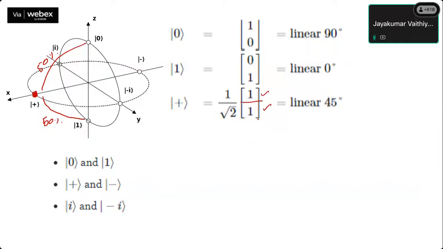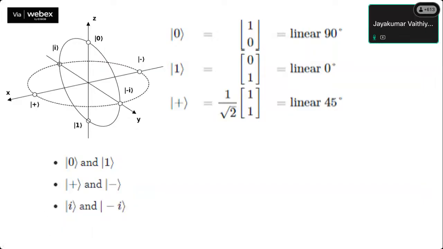Imagine the components over here are 1, 1, but for positive it is 1 over root 2. I'll explain in a future class. So the positive state belongs to both state 0 and state 1, exactly on the equator, related to the northern hemisphere and also the southern hemisphere.